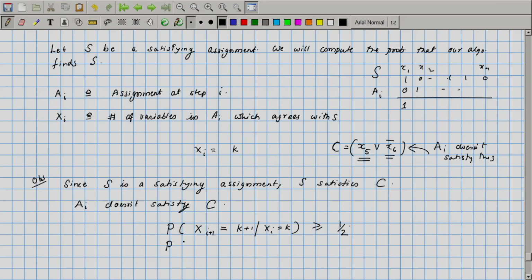And therefore, we can write the probability that xi plus 1 is equal to k minus 1 given xi equals k is going to be less than or equal to half.